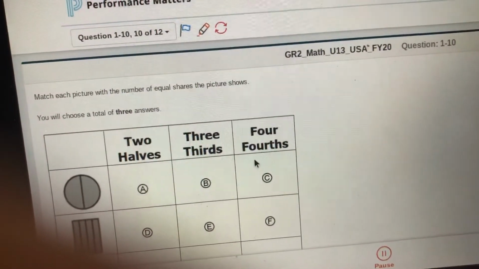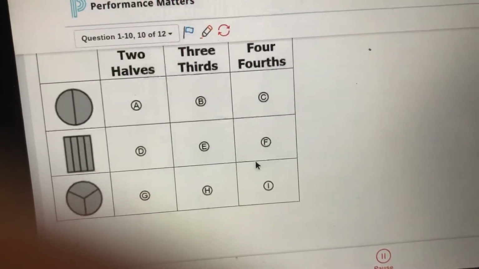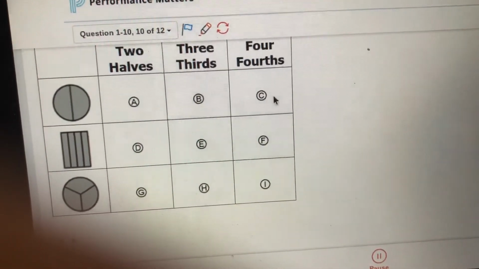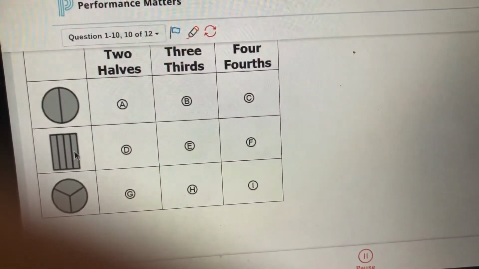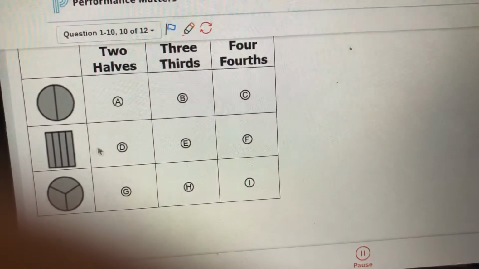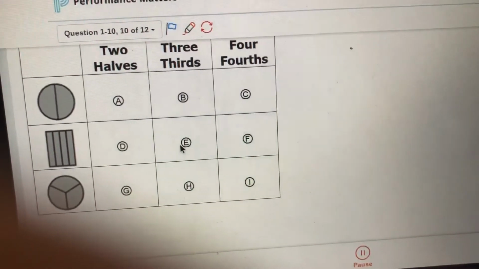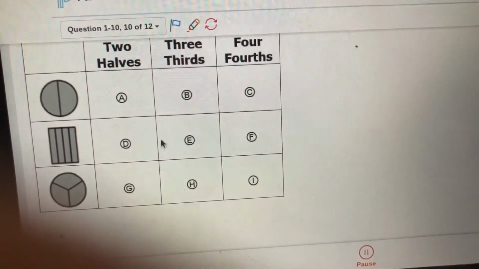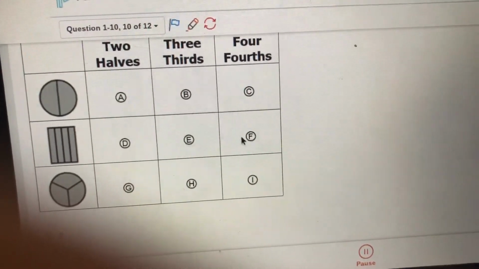Go ahead and mark the answer for this one. So A, B, or C? Look at the next picture. Does this picture have 2 halves, 3 thirds, or 4 fourths? Answer D, E, F.